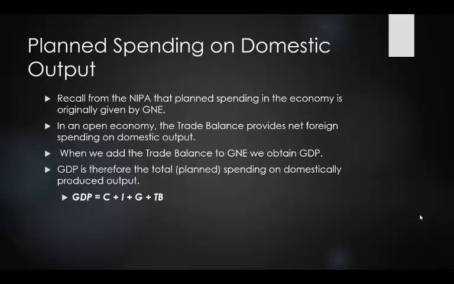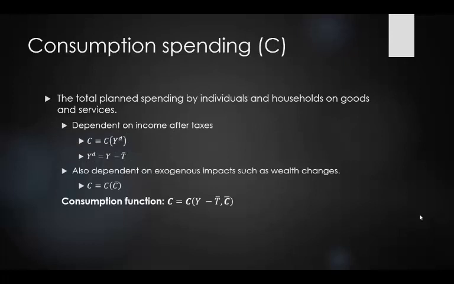Now let us take a look at how each of these component parts of planned aggregate spending is in turn determined. Consumption spending, which is the total planned spending by individuals and households on goods and services, is assumed to depend on income after taxes, as well as an exogenous component.